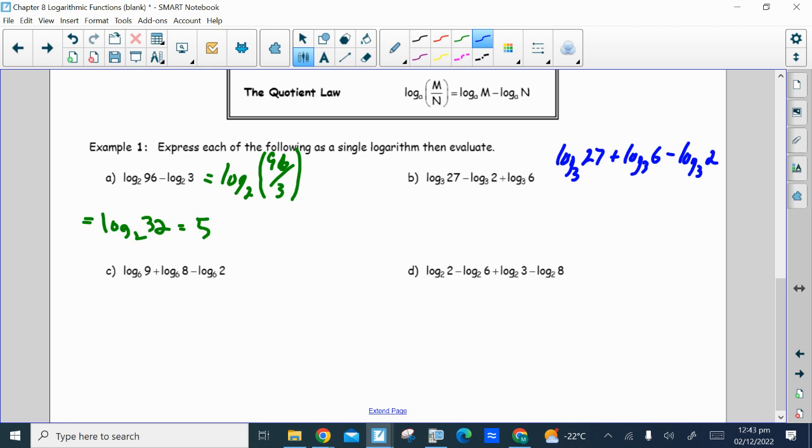And so you can combine these laws all in one step. You're adding the first two logs together, so that's the product law, 27 times 6. But then you're subtracting log base 3 of 2, which uses the quotient law. So we would divide by 2. You can do it all in one step, combining all three terms into one expression.